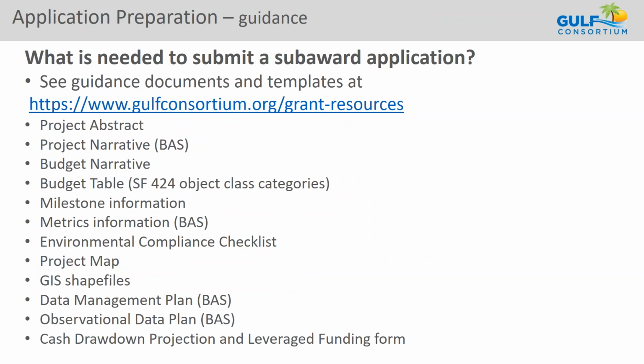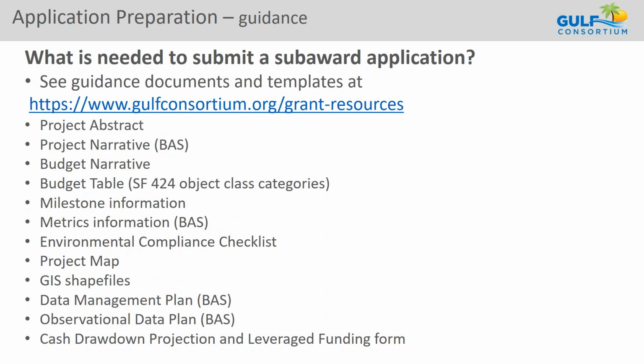So this is everything that is required to submit a complete grant application. It's this list of 12 things that shows up at the Gulf Consortium's grant resources page. We have indicated where best available science info should show up.